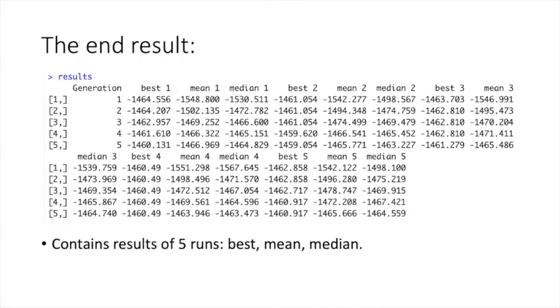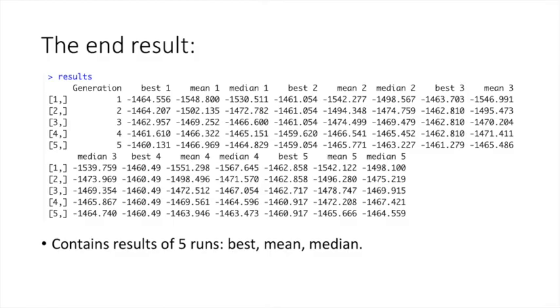So this slide contains what's inside the results variable. Remember, when I called runGA, I dumped its results into this variable called results. As we can see, the first column titled generation shows that each run goes up to 5 generations.